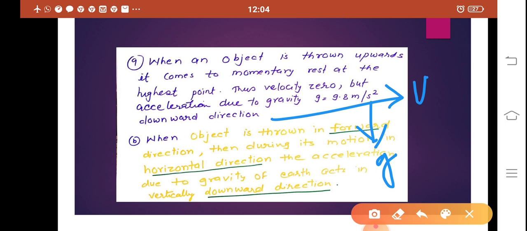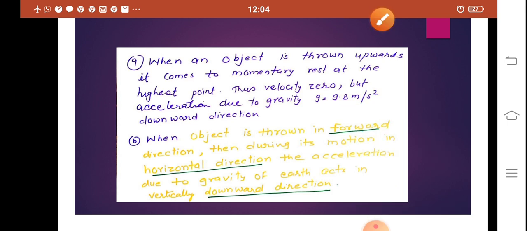Apart from that, one more example: in circular motion, velocity this side, acceleration this side. So these are the two conditions. Like this, you can search many conditions in which velocity and acceleration are perpendicular to each other.